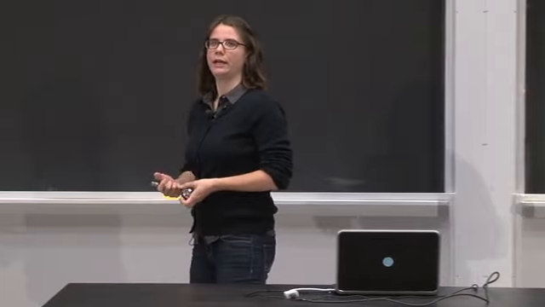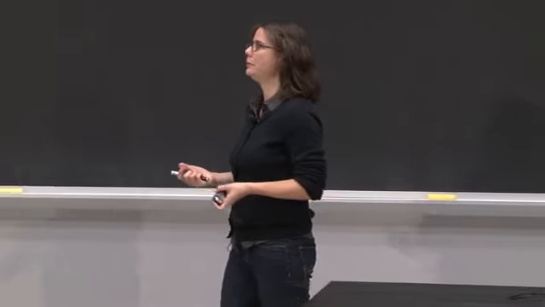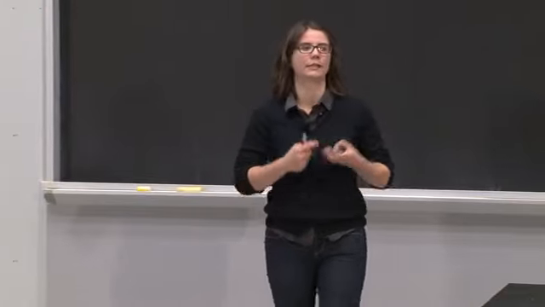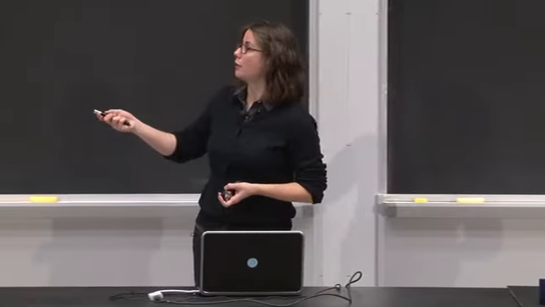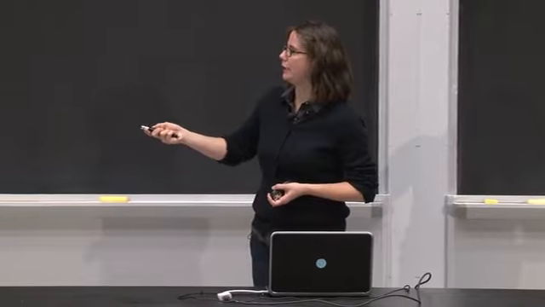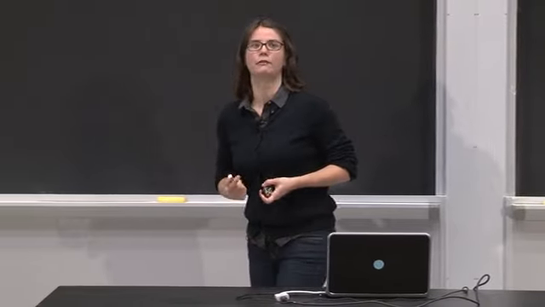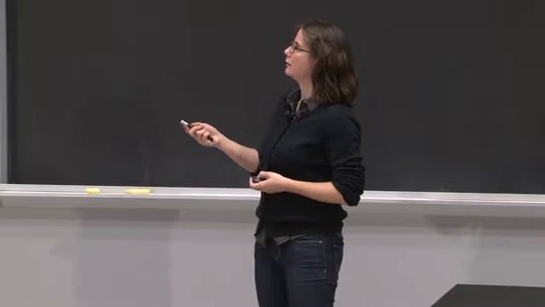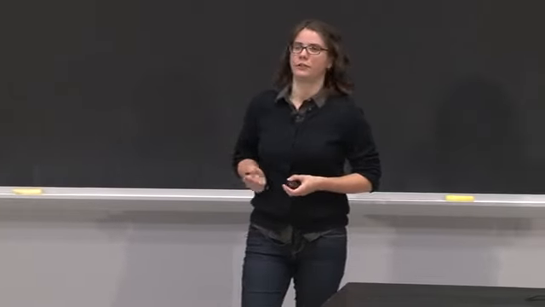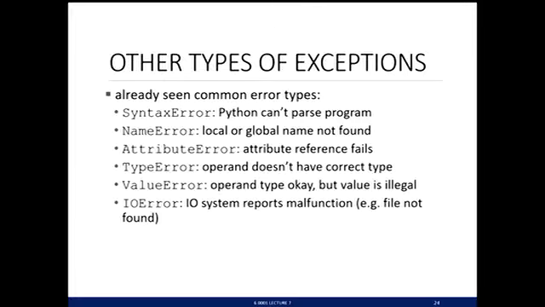And when that happens, you get an exception. So the error is called an exception. And it's called an exception because it was an exception to what was expected, okay, to what the program expected. So all of these errors that I've talked about in the previous slides are actually examples of exceptions, okay? And there are actually many other types of exceptions, which you'll see as you go on in this course and also in 60002.